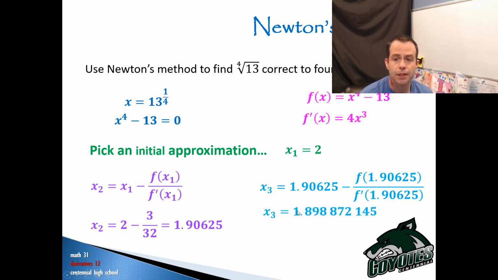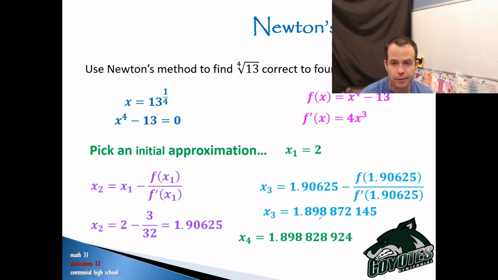And that gives me 1.898872. And so it says correct to 4 decimal places. If I just did this one more time and got x4, I've got 1.898828.